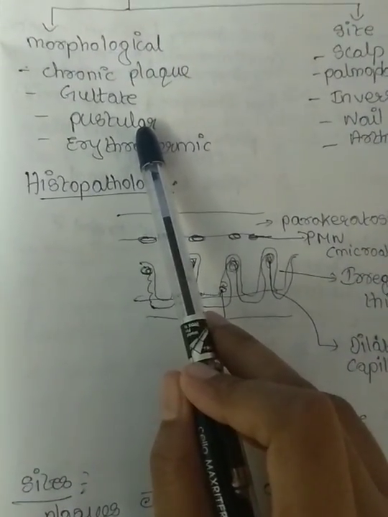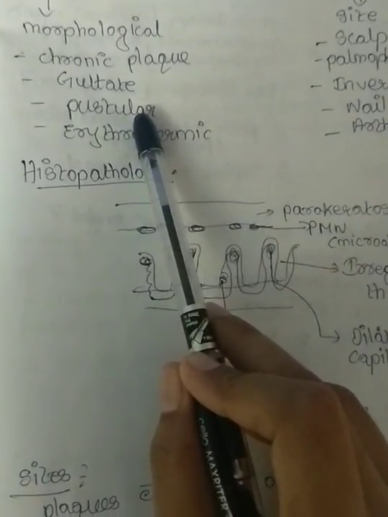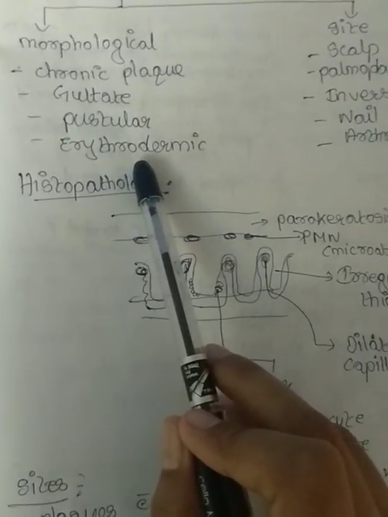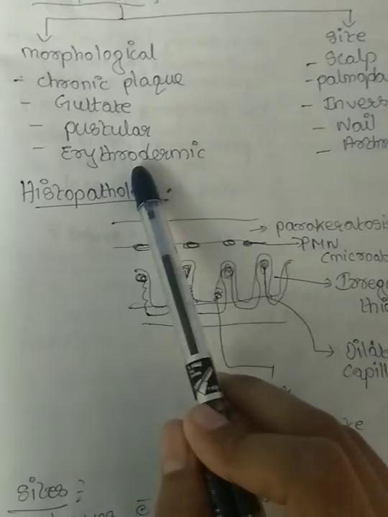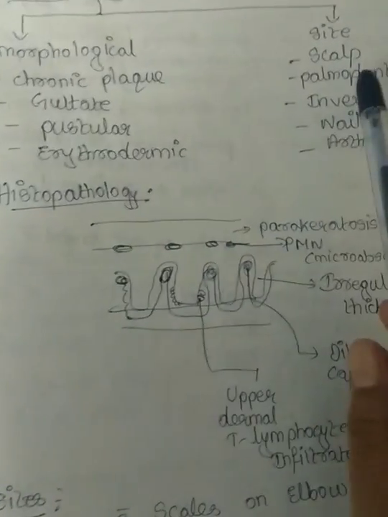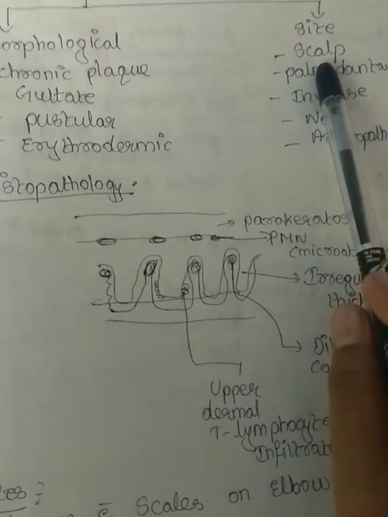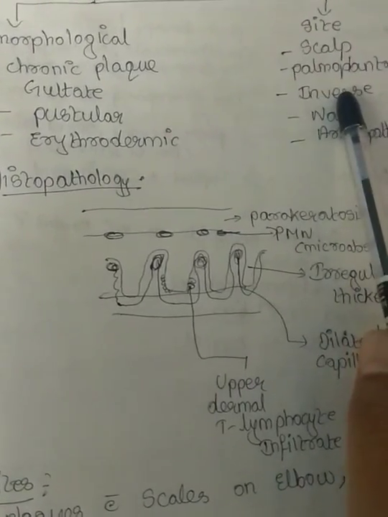It may occur all over the body with pus formation, so it should be treated immediately with systemic steroids. Then erythrodermic lesions are seen.